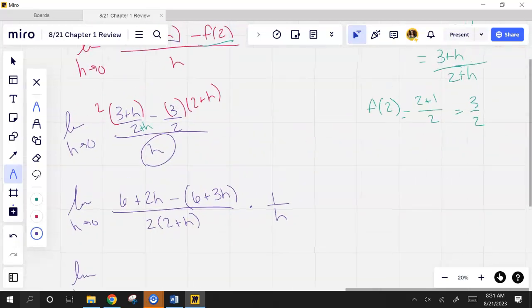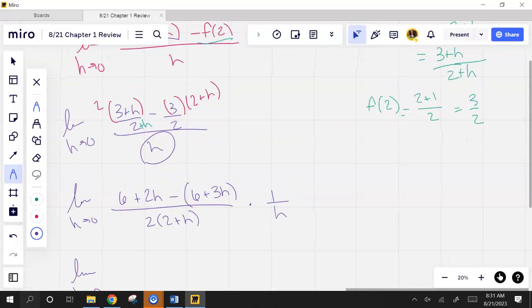Okay, I got 2 plus h. I give this one a 2. I give this one a 2 plus h, right? This becomes 6 plus 2h minus 6 plus 3h.